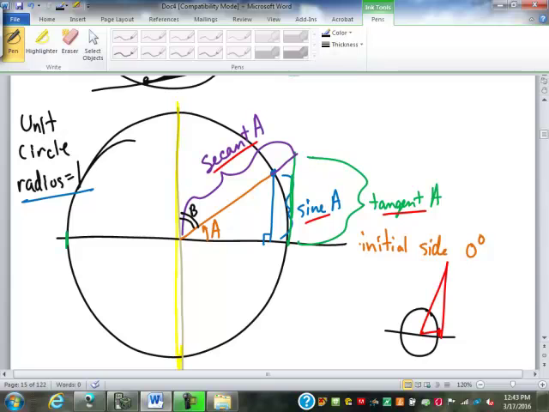So this would be the sine of angle B because it's the distance from that point back to its reference diameter, right? That is the sine of B, or the cosine of angle A, because B is A's complement.